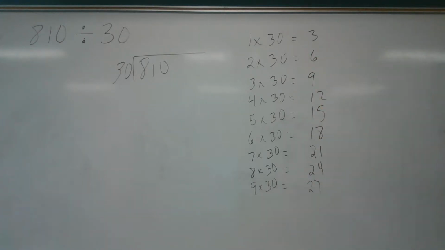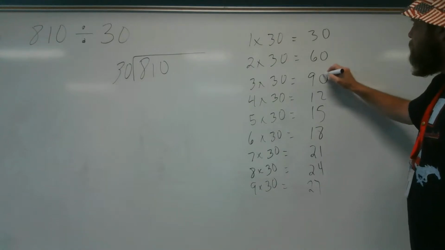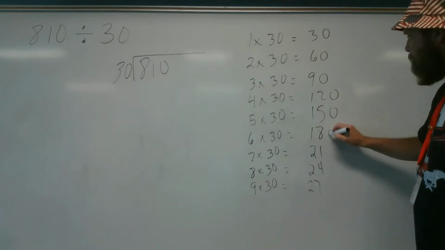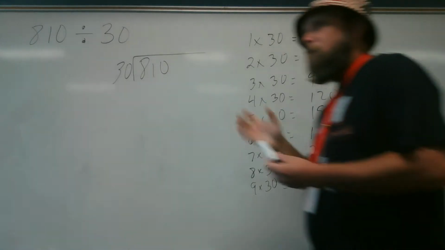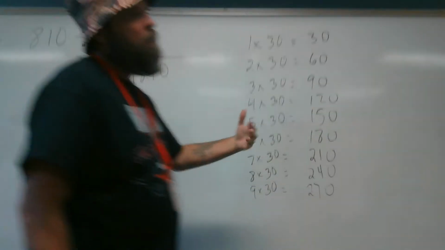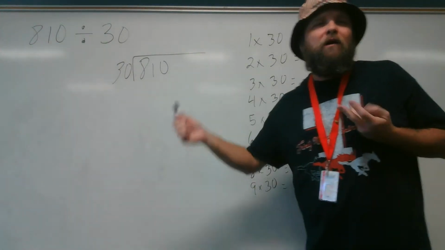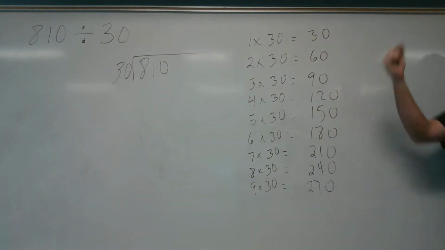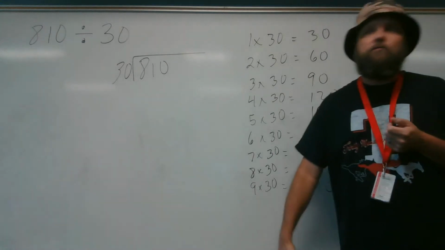But I'm not multiplying by 3, I'm multiplying by 30, so I just have to add a 0 here, because really what I'm doing is multiplying first by 3 and then by 10. I made all of these problems easy if you wanted to do it using your multiplication table. Listing the multiples was easy.